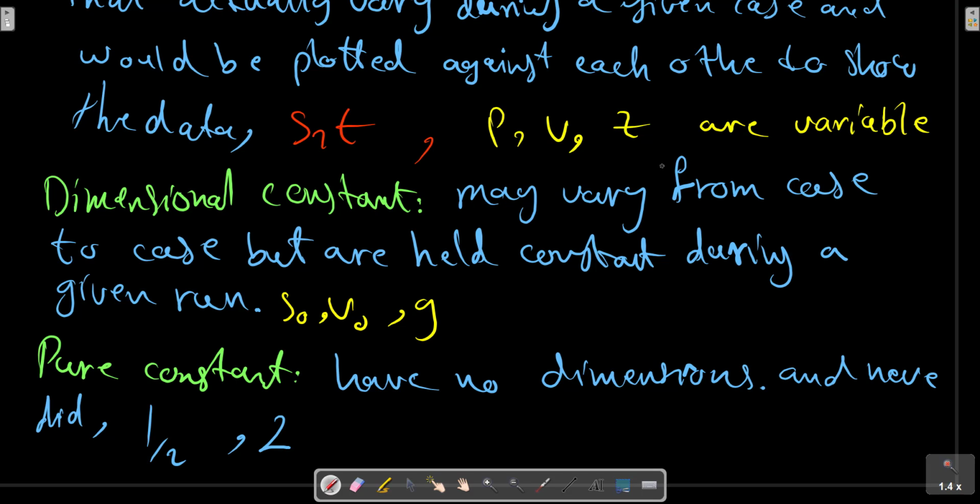Angles and revolutions are dimensionless.